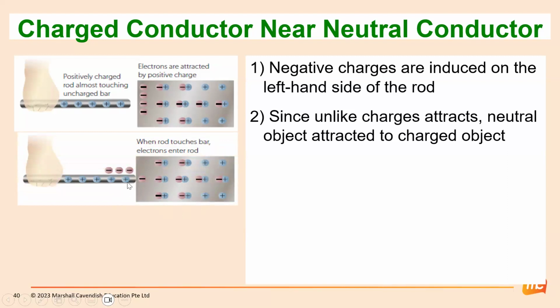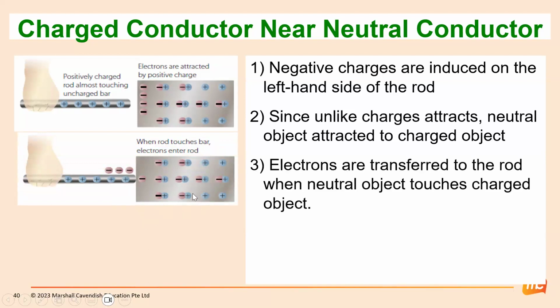So once I touch, electrons will flow out, because electrons will want to move towards the positively charged rod because of the attractive force. So electrons will be transferred to the rod when it touches it. But this is highly positive.